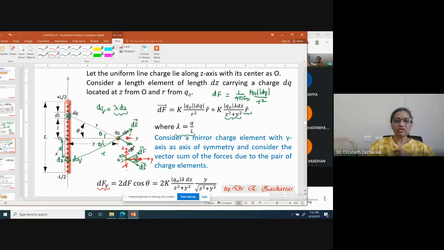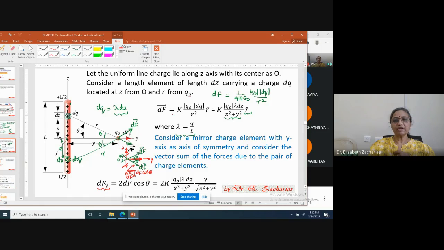That's not difficult to understand. This is theta, so this will be dF cos theta, and this is my dF. Similarly from the bottom I get one and from the top I get one, so I get 2 dF cos theta.